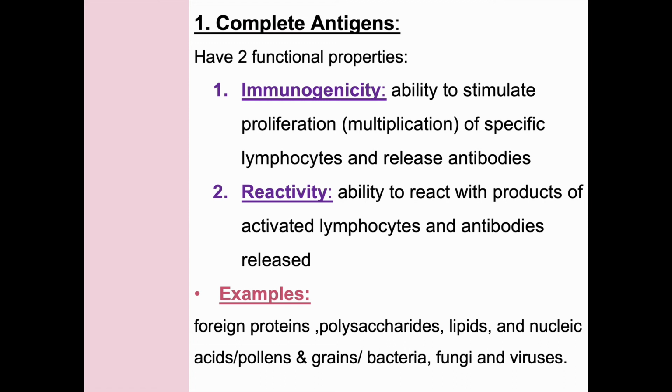The sting releases a protein substance that causes a severe reaction, and I now have severe swelling all over my hand. This is what we call foreign proteins, where immunogenicity and reactivity take place. Likewise, this takes place whenever there is any presence of bacteria, fungi or virus.